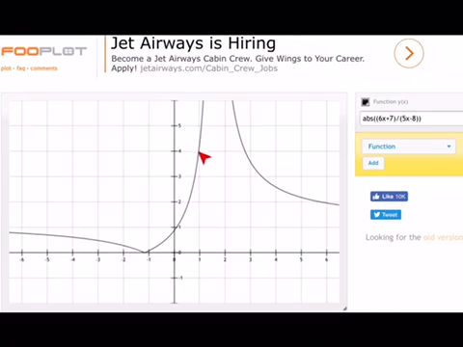It is less than 4 up to 25 by 26, which is almost equal to 1, and afterwards it is less than 4 starting from 39 by 14, which is around 2.7. So this is the interval in which it is less than 4, and the interval in between is greater than 4. This is the solution we got.